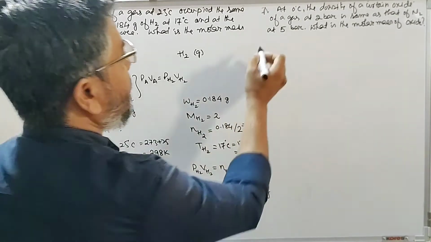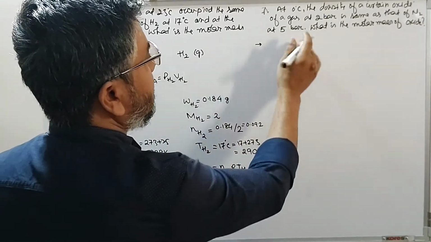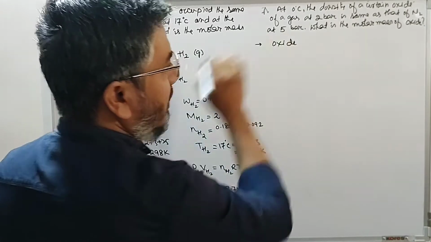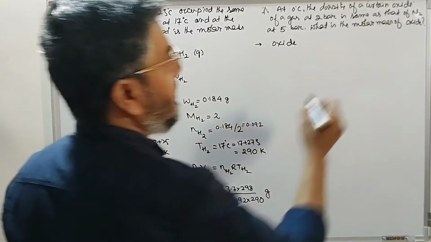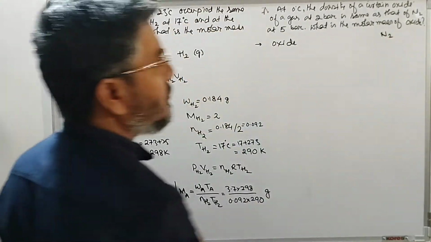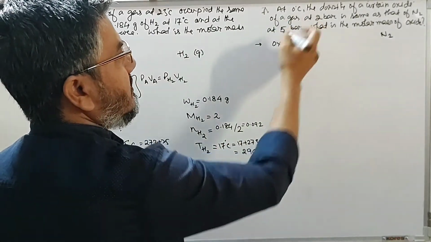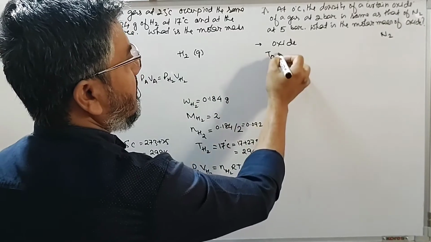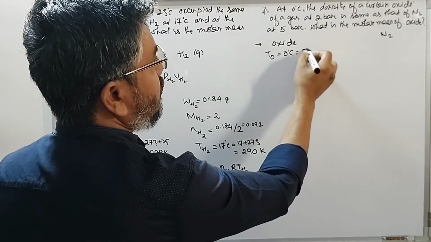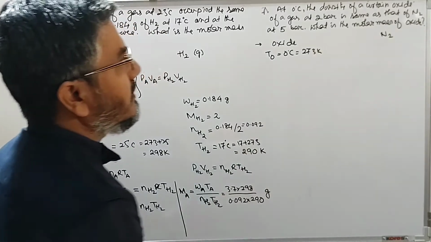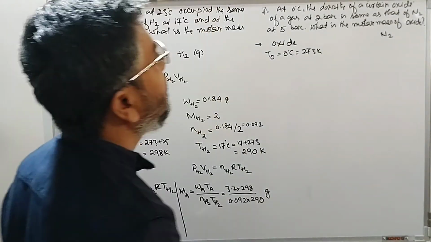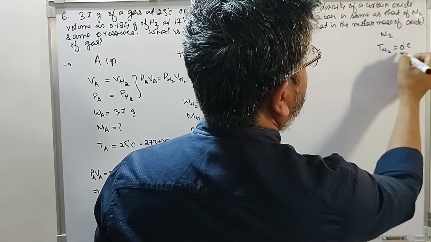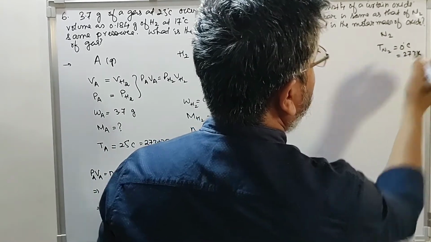So if you look at this, we have two different types of gas: the unknown oxide of the gas, and nitrogen gas. Temperature of this oxide is 0 degree, that is 273 Kelvin. Temperature of nitrogen is still 0 degree or 273 Kelvin.